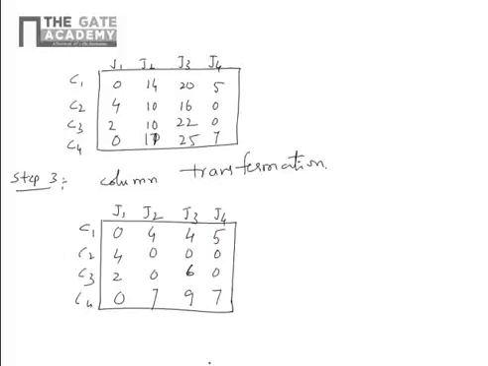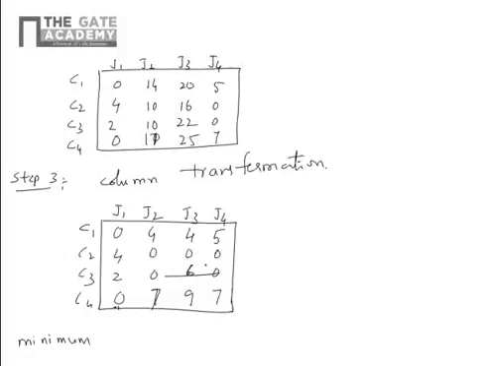After getting this, try to cancel the zeros with the minimum number of lines. Suppose I cancel this one, this one, this one.